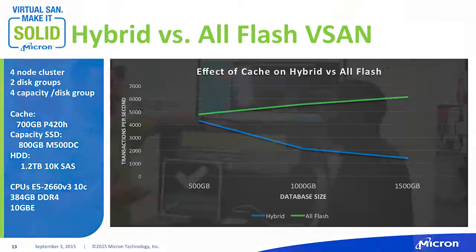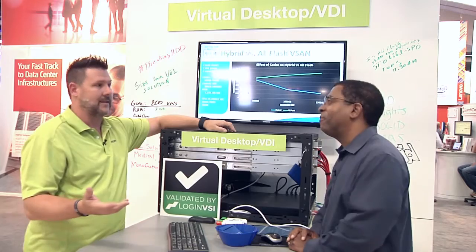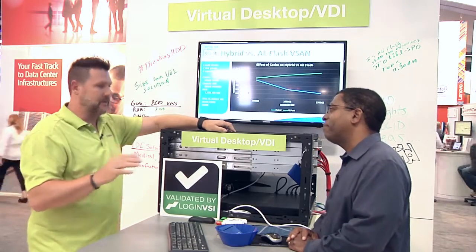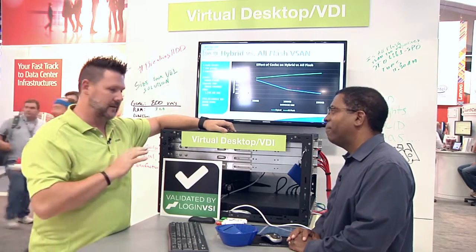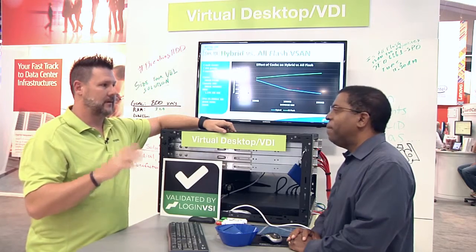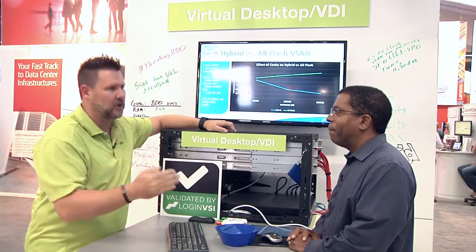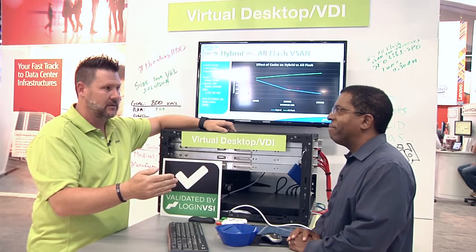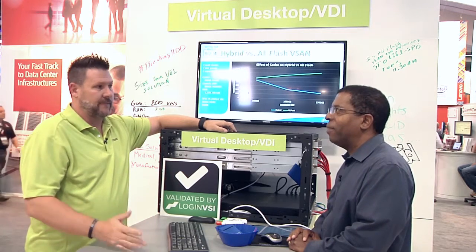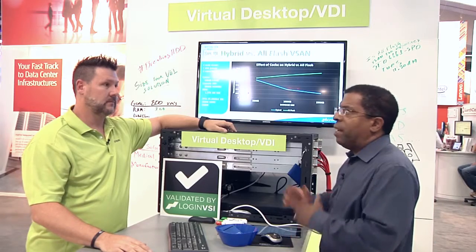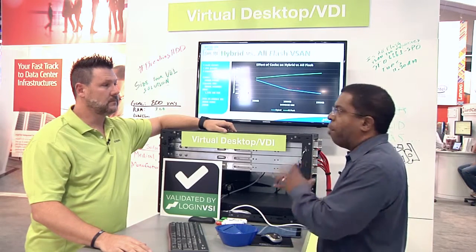So again, are you saving money? No, you are not. Hybrid VSAN is a bad idea. Just really don't do it, unless you know exactly what your workload is and you know for sure you're never going to go past cache. Otherwise you're going to fall into the hybrid cliff. That makes sense.